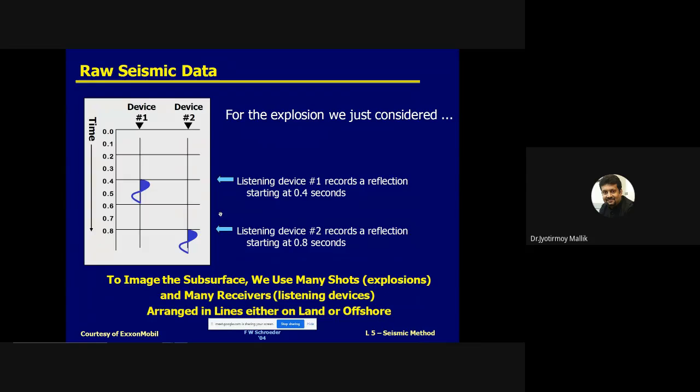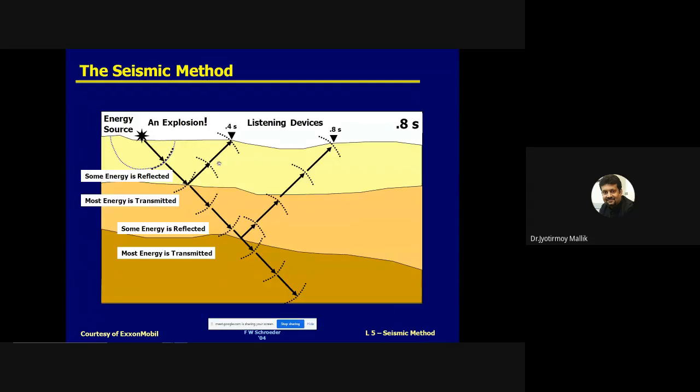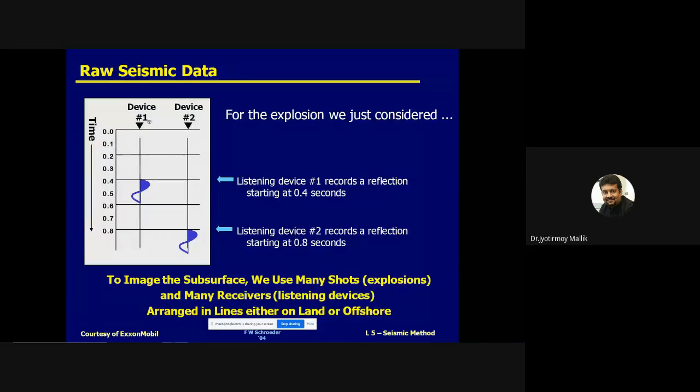Okay. So now let us say that at this point and at this point there are two devices. Devices means listening devices, these are two of your seismometers. Now seismometer one and seismometer two.